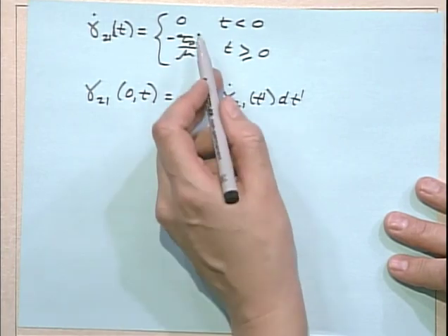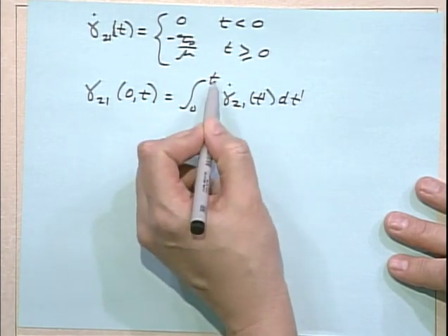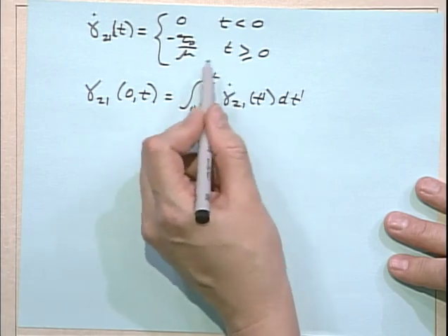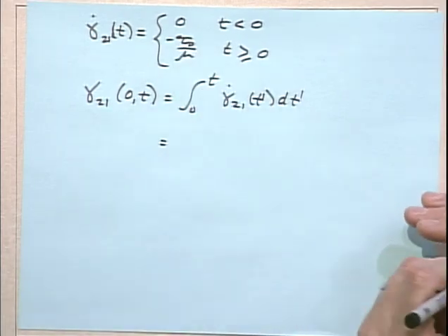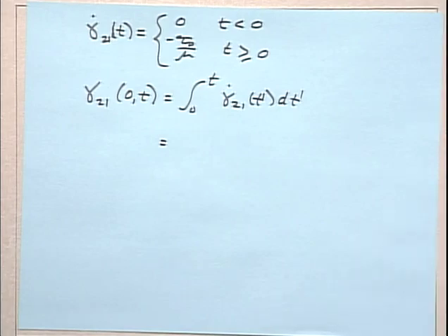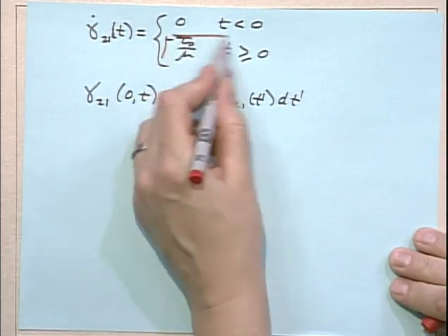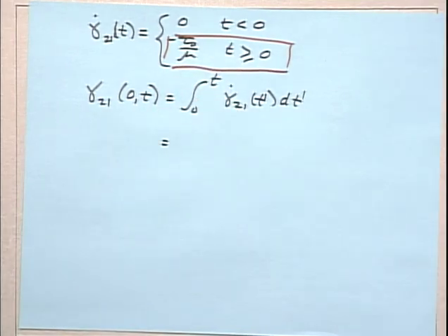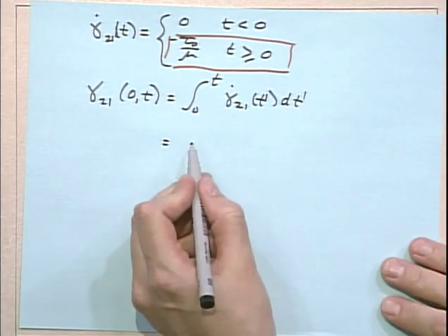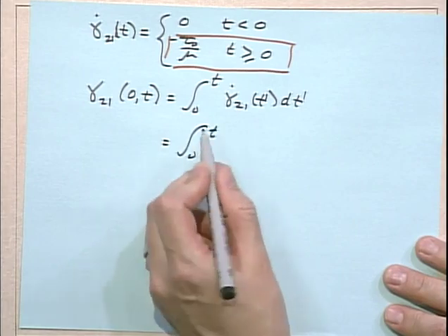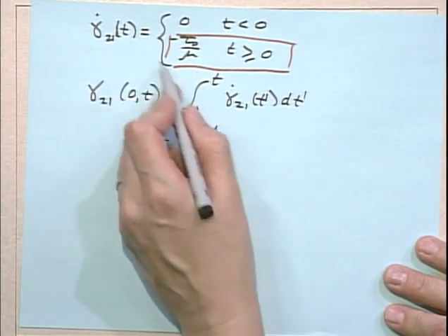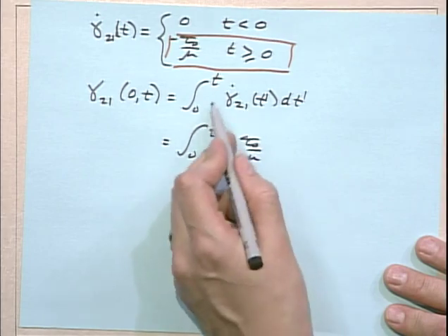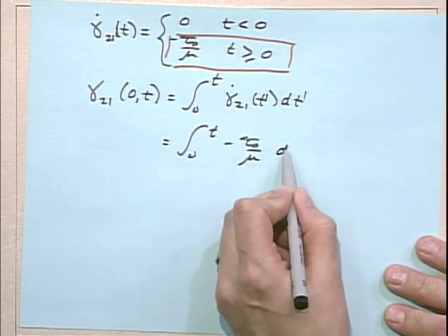Well, how do we do it? Well, we only want the integral between 0 and t. We know the function for all time. But between 0 and t, it's clearly equal to just this second part. We don't need the first part, because this includes the entire domain over which we're integrating it. So the integral from 0 to t of gamma dot 2, 1, that's this function, which is minus tau naught over mu between those limits, dt prime.